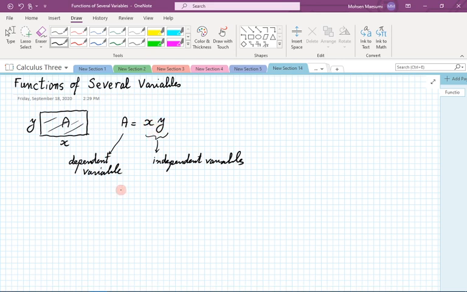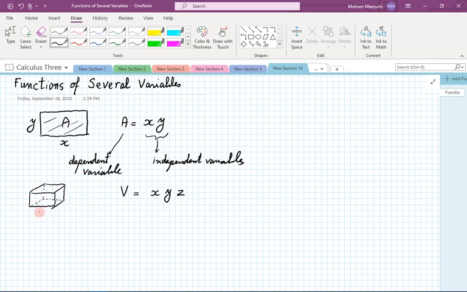A very simple, similar example is the volume of a box. Well, volume of a box depends on three variables, x, y, and z. You can choose these independently from each other. So if I have a box, and let me draw the back walls or lines with dotted lines.